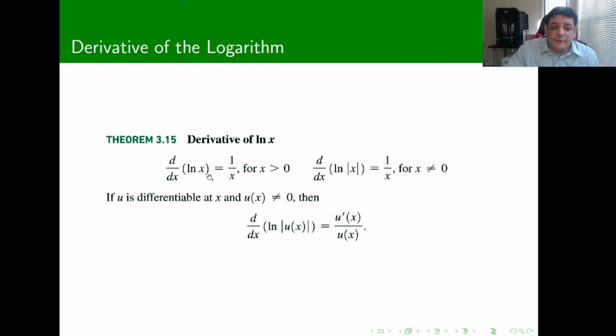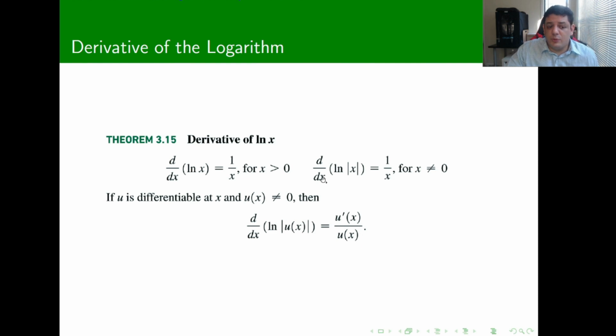The derivative of ln of x is 1 over x if we're assuming that x is positive. But if x is not positive, we can talk about the derivative of the log of the absolute value of x, and that also is going to be 1 over x, considering that x is different from 0.